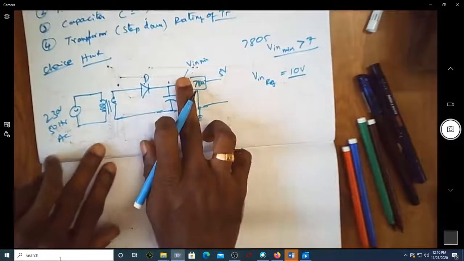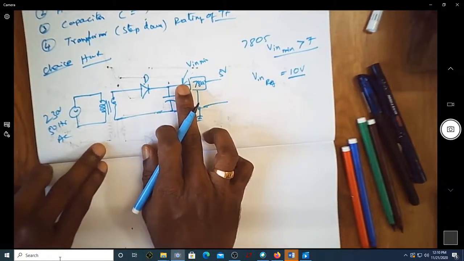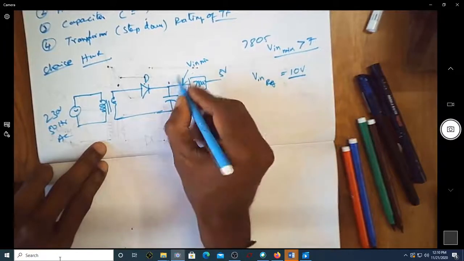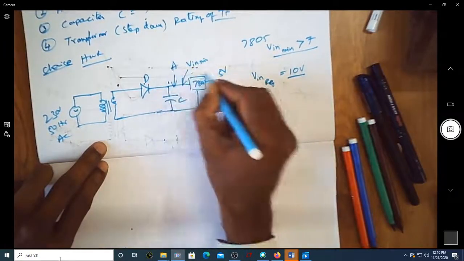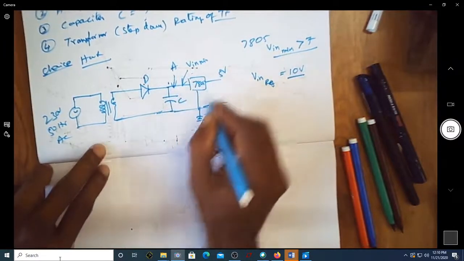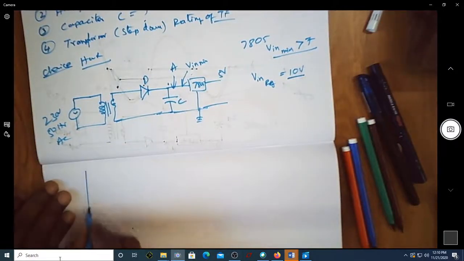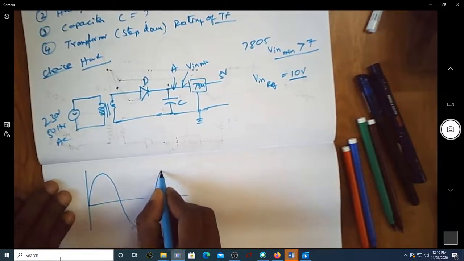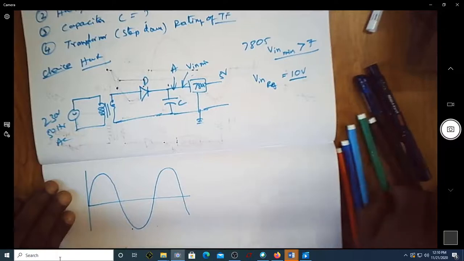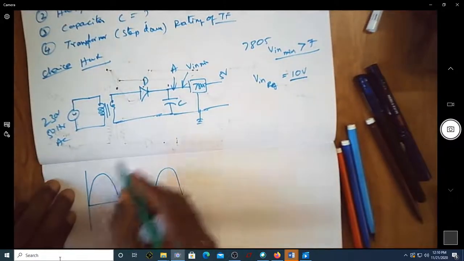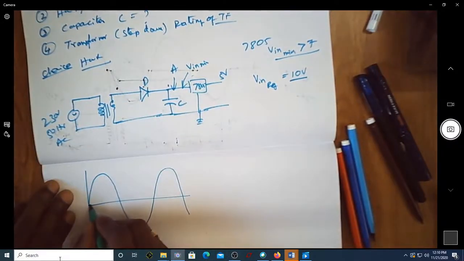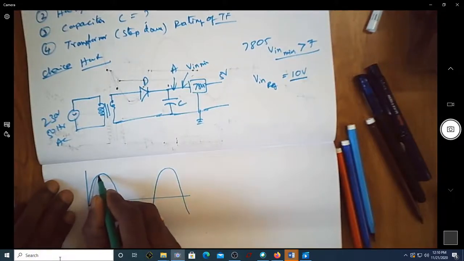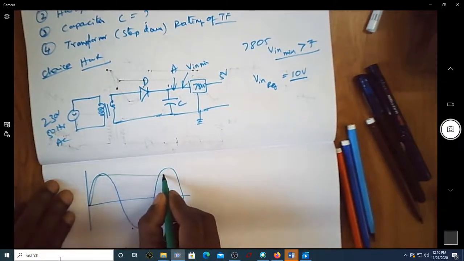So let us try to see what type of waveform you may get at point A. Let me say this is point or node A, and this is node B. At node A, this is my input waveform, the sine wave. Since I'm having a filter, I'm going to end up with this is my first cycle, and then it goes like this.